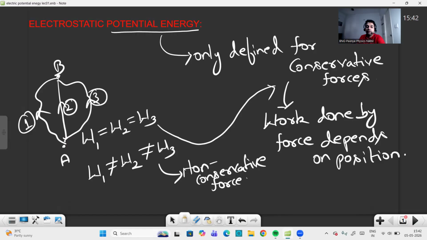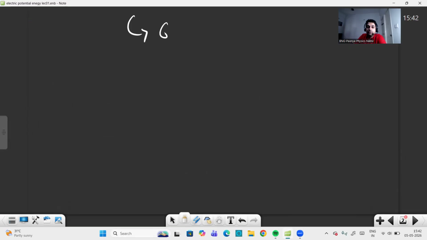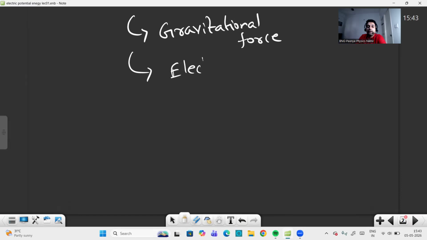So what are examples of conservative forces? All field forces are conservative forces. Field forces are like gravitational force, electrostatic force, and in the same way, magnetic force.